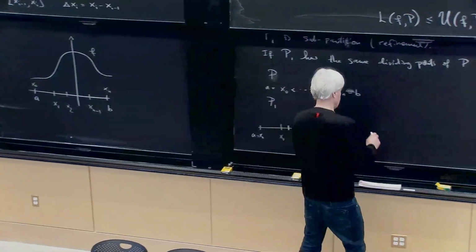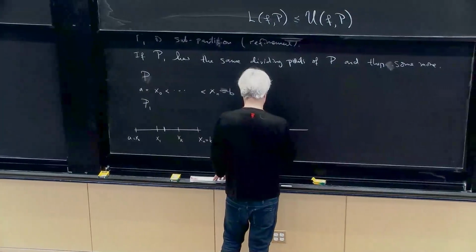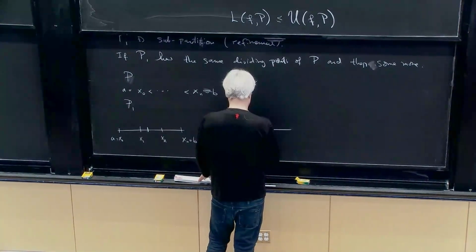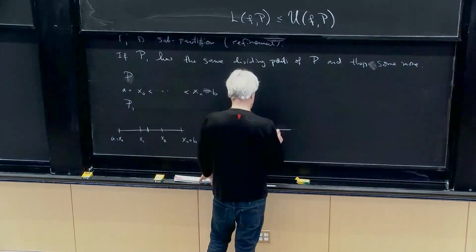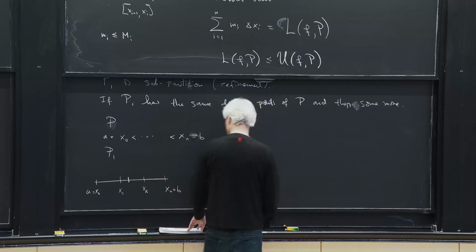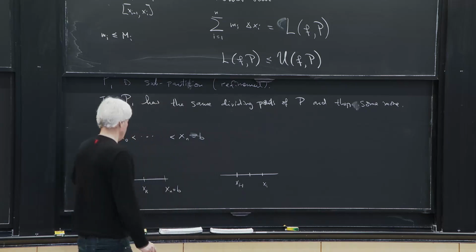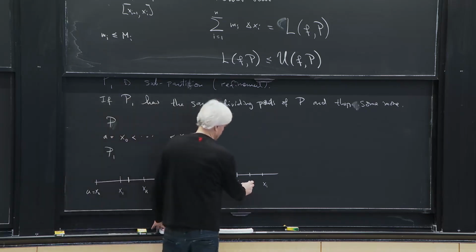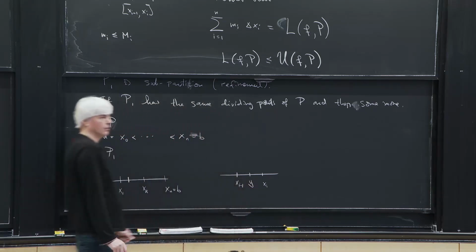But if you're looking at x_{i-1}, and then you have x_i, and then maybe the partition P1 has an additional dividing point, call it y.